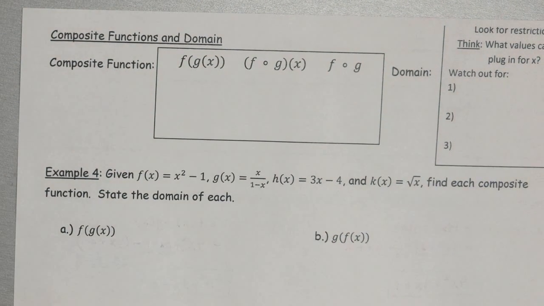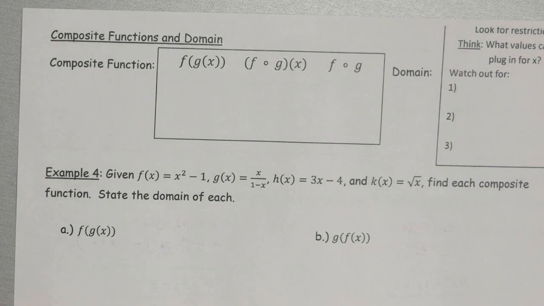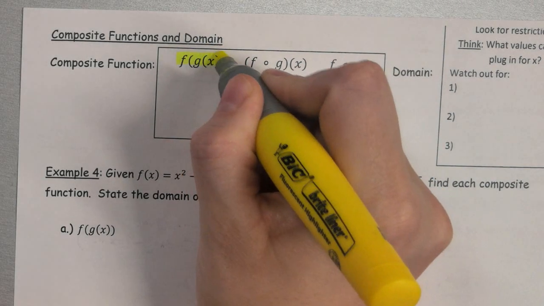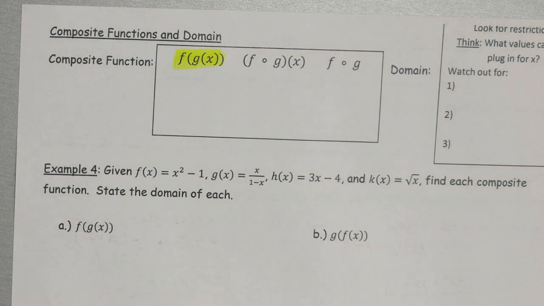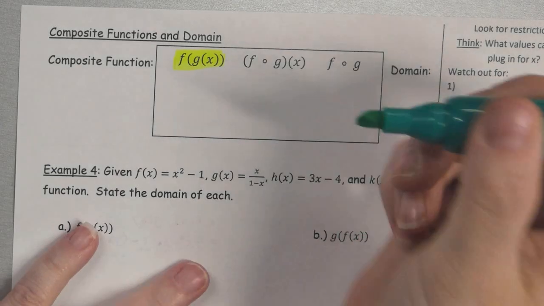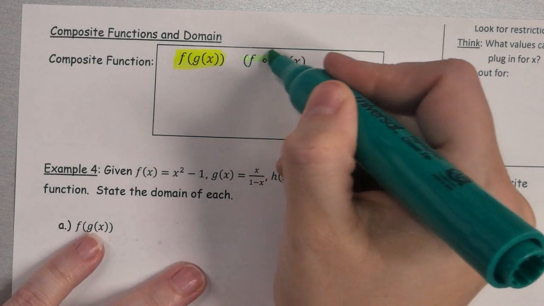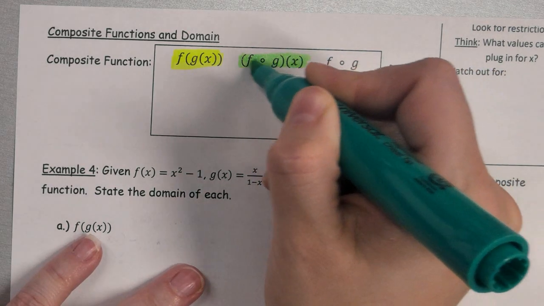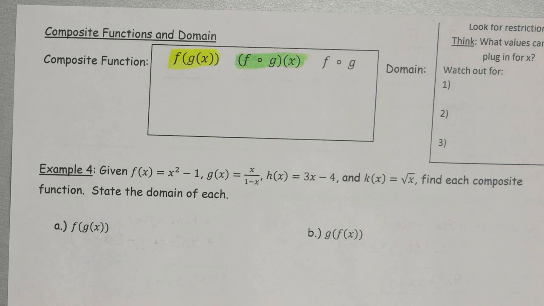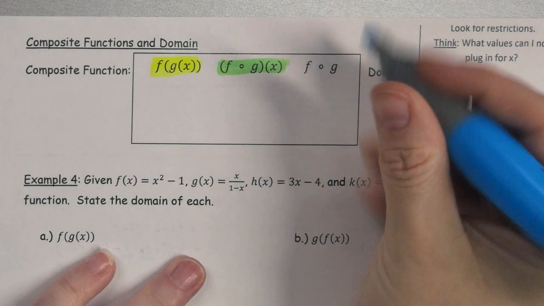Composite functions have 3 different forms. Here's the first one with lots of parentheses. Here's the second one, which also has a lot of parentheses. And that is an open circle there, so it does not mean times. Times would be a closed circle. This is an open circle, which is the composition.